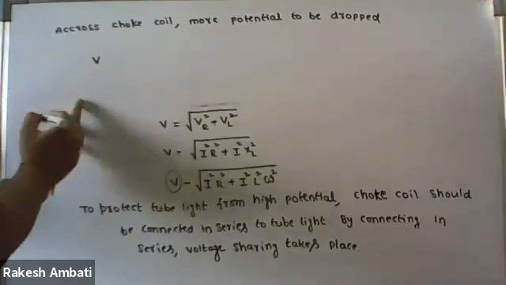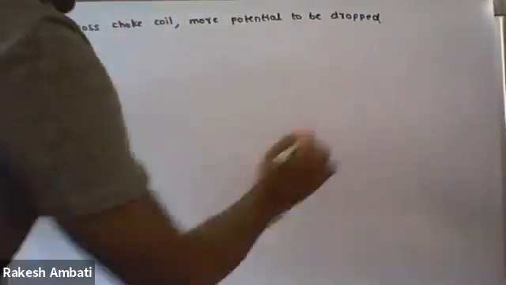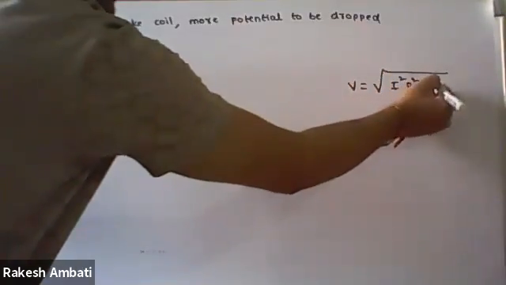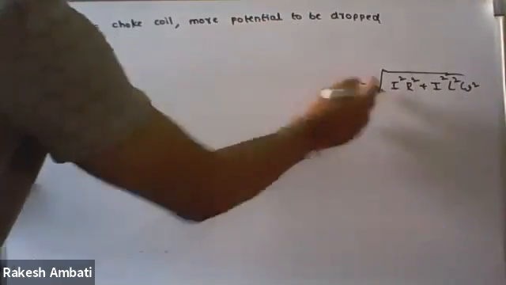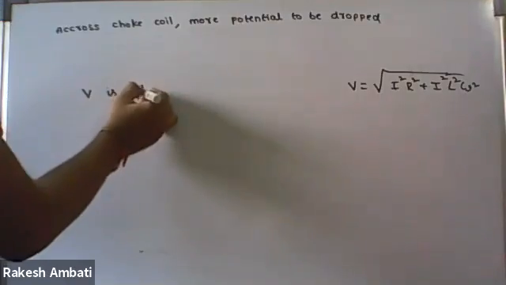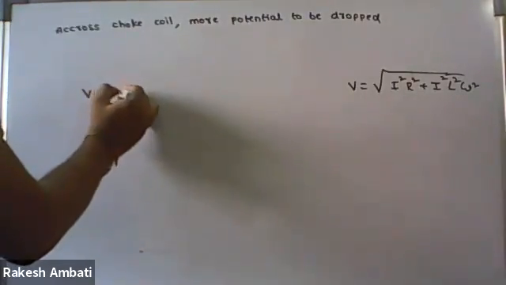So for this V, the formula we got is the square root of I squared R squared plus I squared L squared omega squared. So more potential to be dropped means V becomes high.